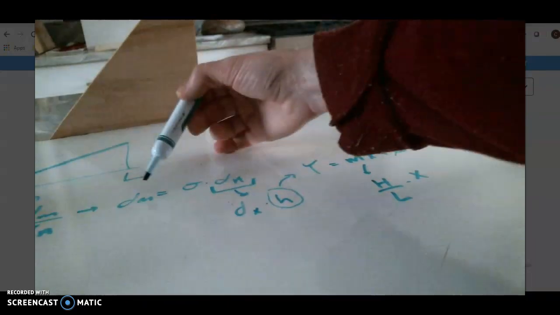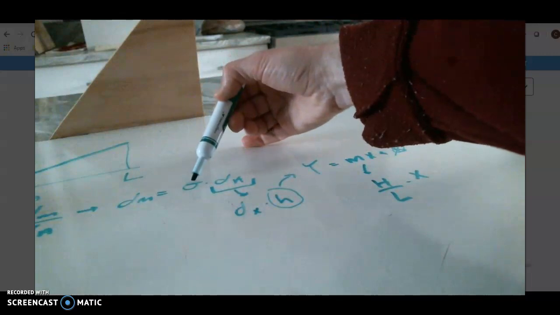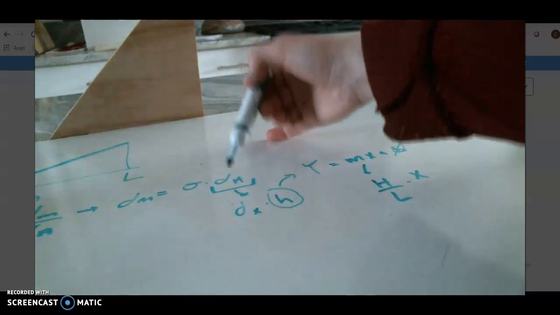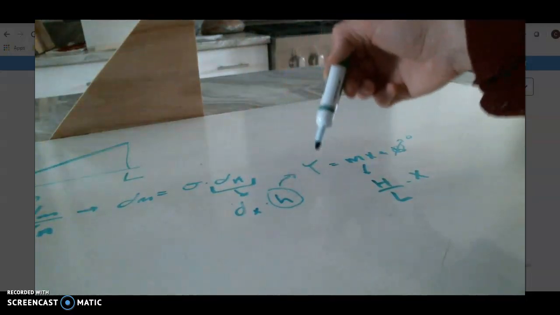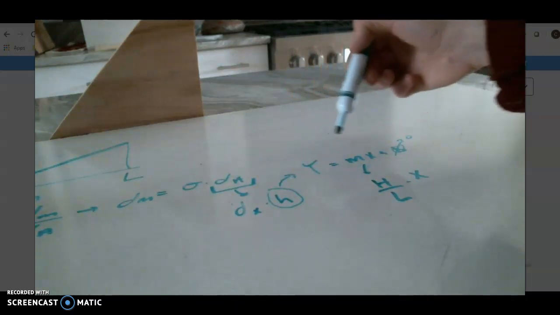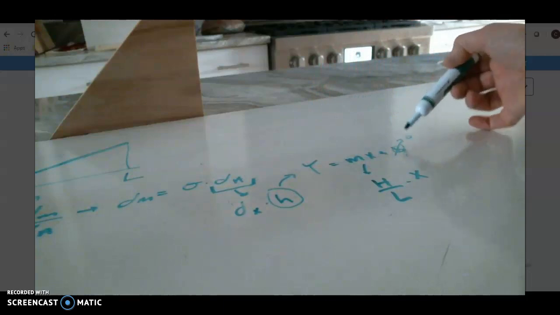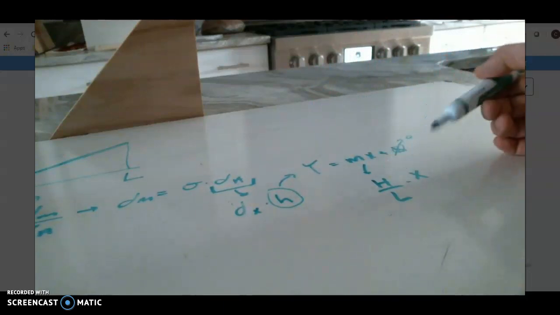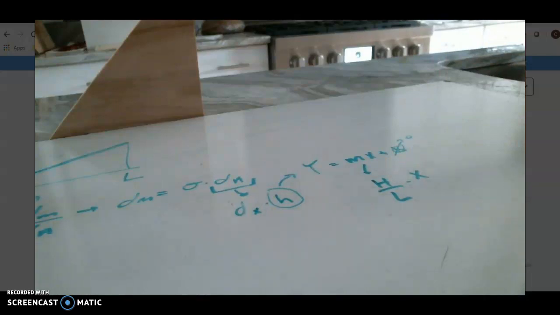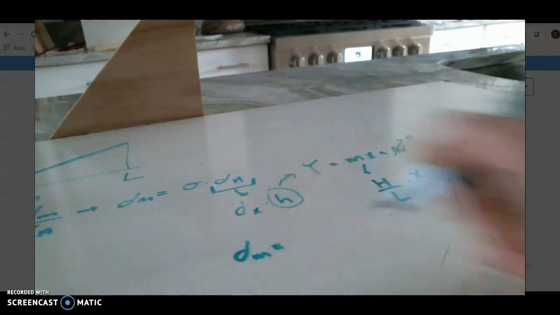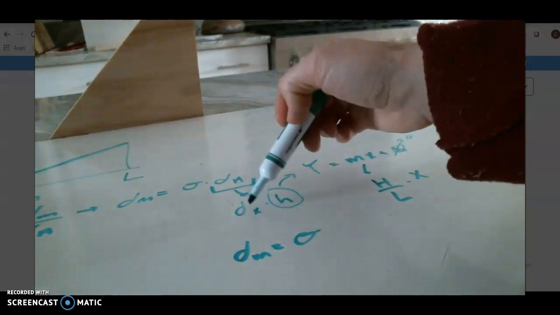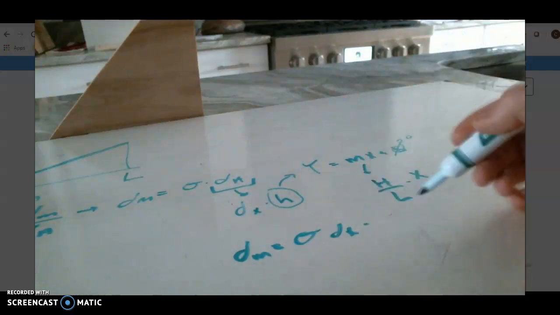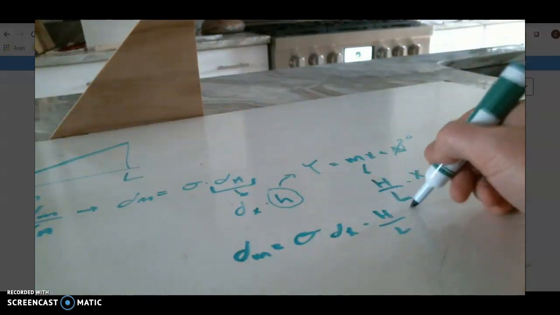So my differential mass is sigma times the differential area. That differential area is a base times a height. So that height then is nothing more than a y, and the y is an mx plus b. The b dies, the m is simply H over L, times x. So my differential mass is nothing more than this sigma times a differential x times all of this right here, H over L x.